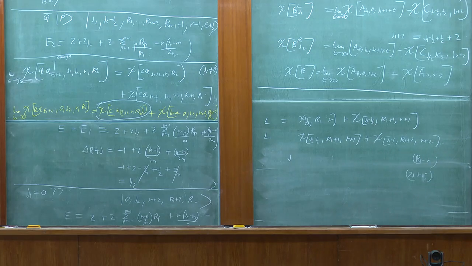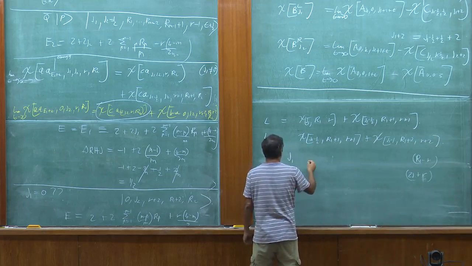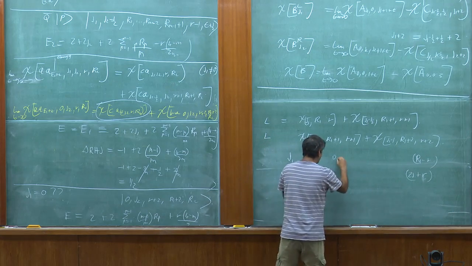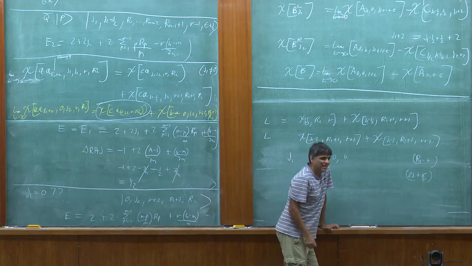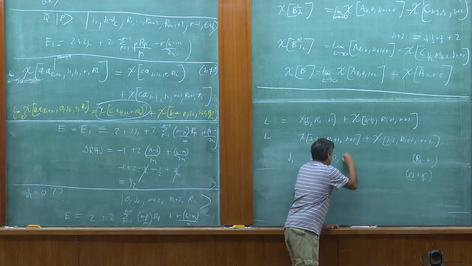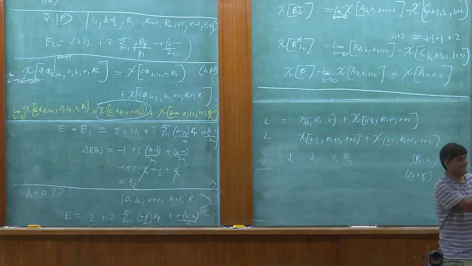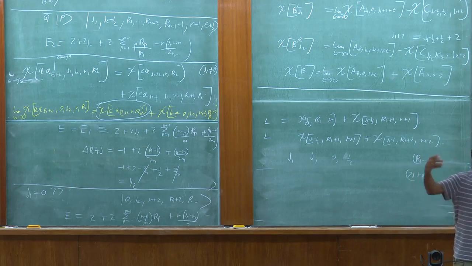So there's some J1 which runs from capital J down to 0 and B. Let's call B minus half just for notation, because at each step J was decreasing by half.